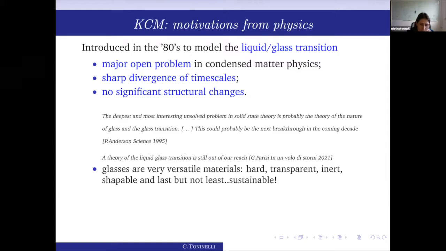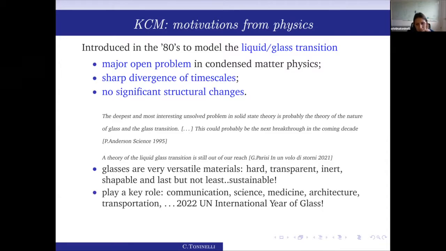We can shape it when it's hot as we want, and it's also very fashionable because it's sustainable, it's fully recyclable. And I wanted to say something which I discovered this morning, that 2022 has been proclaimed by the United Nations the International Year of Glass, due to the fact that glasses are playing a very major role in every type of science and technology, in particular in communication.